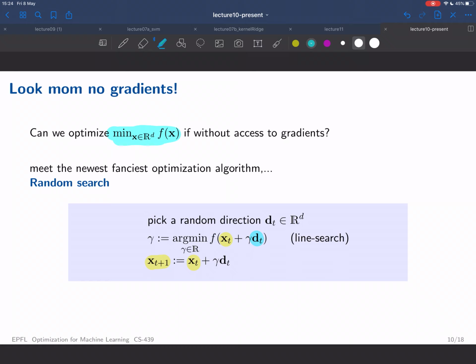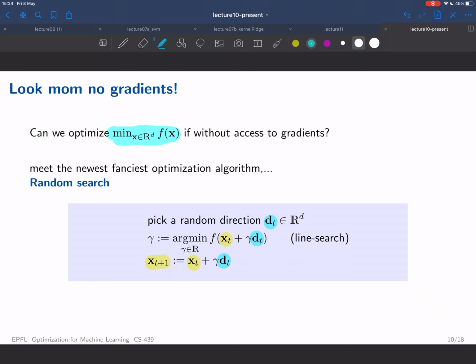And then walk in the direction of that vector. So that's here. And how far should I walk? That is the tricky part. This thing will only work if I'm careful how far I walk along the vector. Once you have decided on this random direction, there are two possibilities: either when you walk in the direction, your function value gets better, or it gets worse.